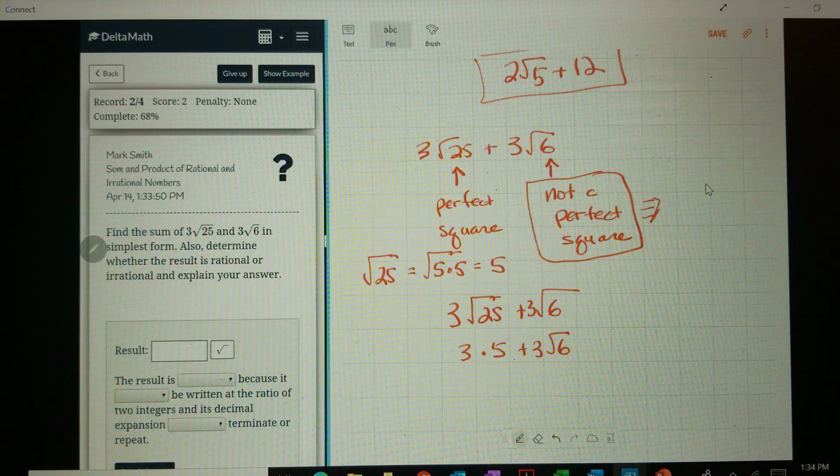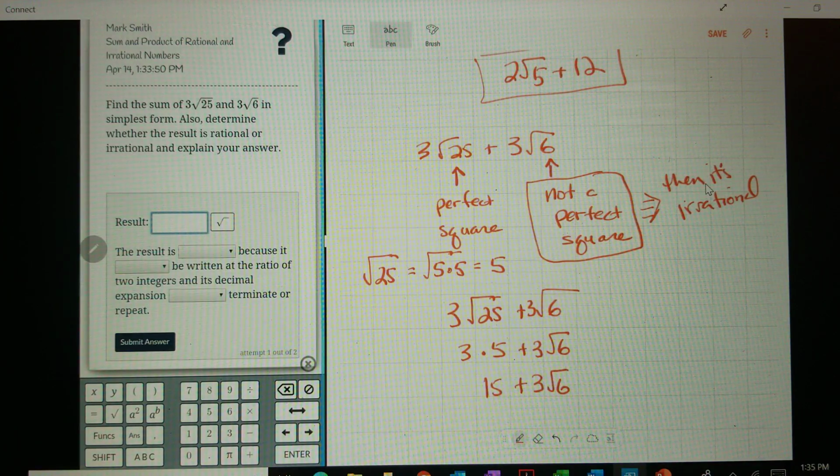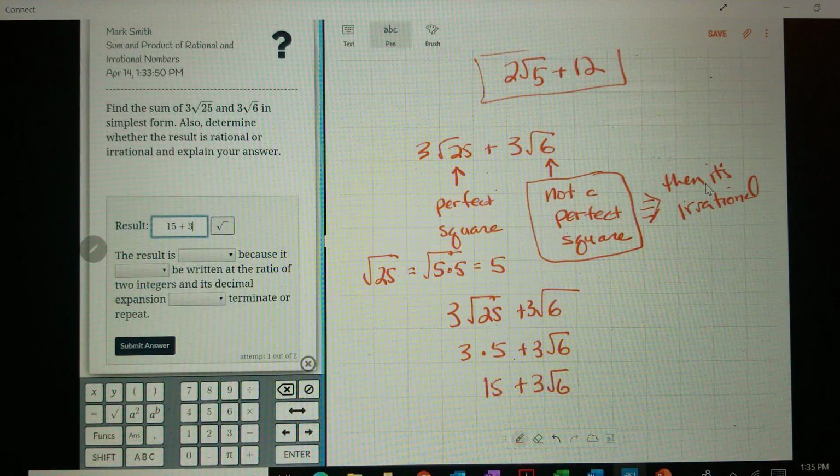If it's not a perfect square, then it's irrational. So this 3 times 5 goes to 15 plus 3 times the square root of 6. These, which look like they might be kind of complicated when you start, are actually real simple to do.